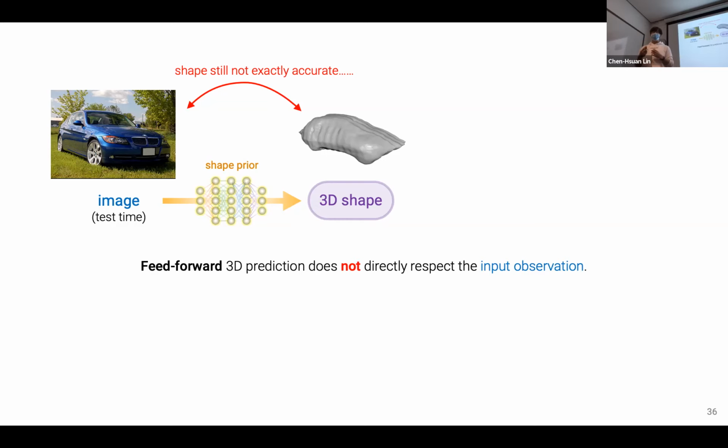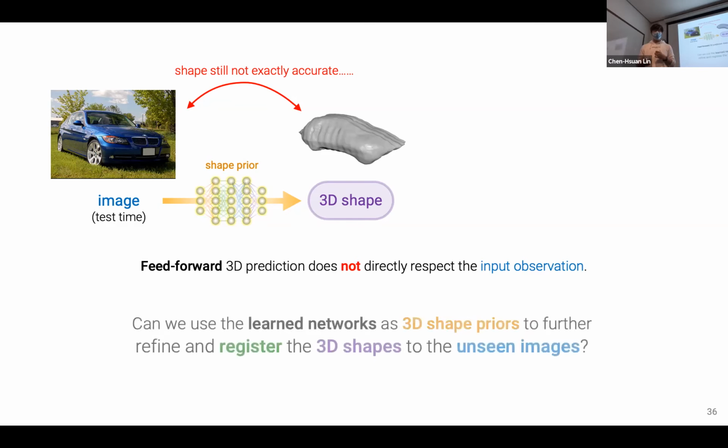This is partly because these feed-forward predictions from neural network models don't directly respect the input observations. And so we want to think about how we can use these pre-trained or learned networks as learned priors so that we can further refine these 3D shapes and register them to the input images so that they are more accurately aligned.